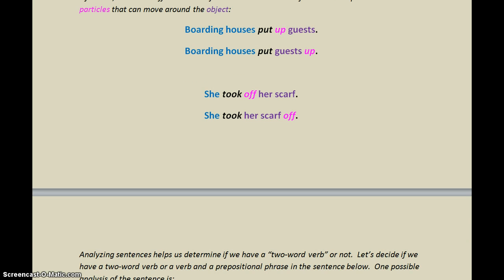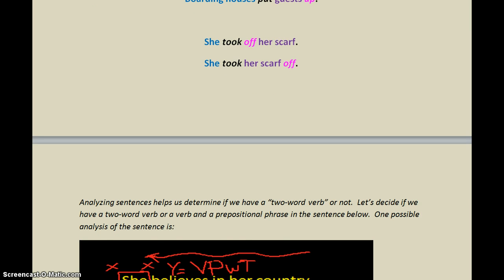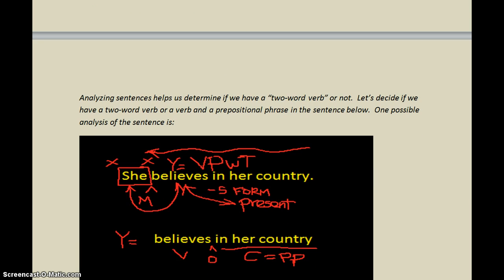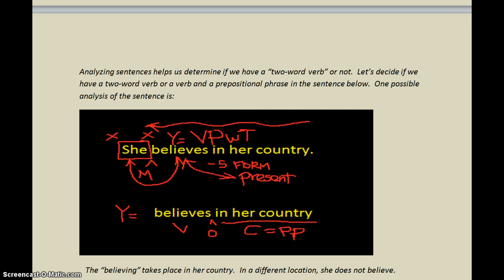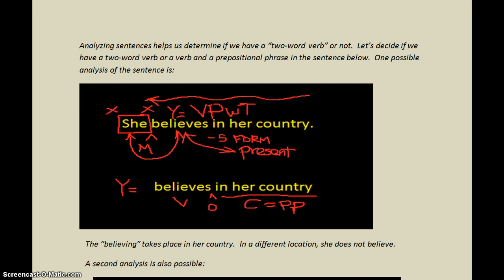Not all particles are the same, of course. Analyzing sentences is really the best way to check and see exactly what we're dealing with. Do we have a particle? Don't we have a particle? It's easy to explain what the meaning of the sentence is by analyzing and finding the places in the parts of the sentence that we actually have.